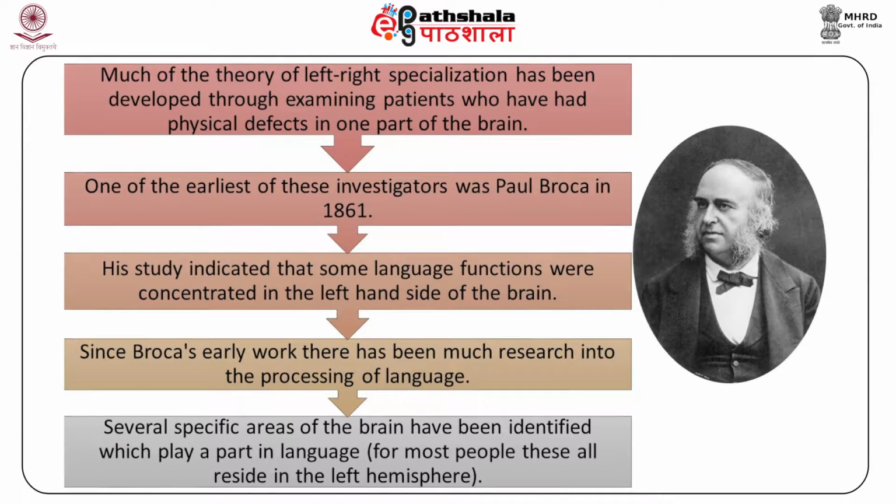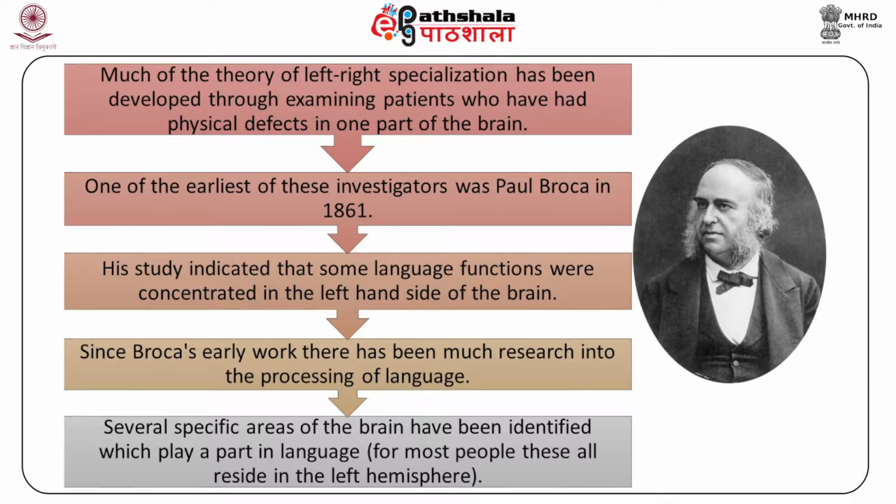Much of the theory of left-right specialization has been developed through examining patients who have had physical defects in one part of the brain. One of the earliest of these investigators was Paul Broca in 1861. His study indicated that some language functions were concentrated in the left-hand side of the brain. Since Broca's work, there has been much research in the processing of language.